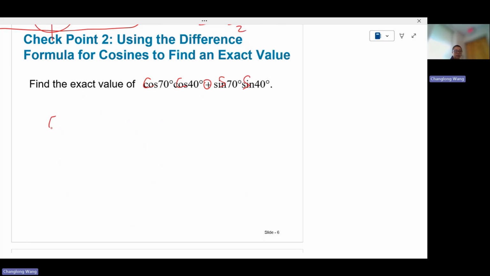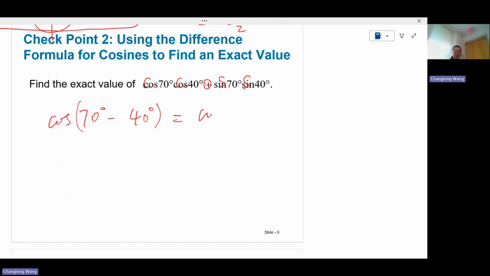Therefore, you realize this is nothing but cosine 70 minus 40, right? And you can expand it just to see if you do get the right pattern. It's CC, cosine cosine, and sine sine flips the sign. That's why it's a minus to start with, but later it becomes a plus.